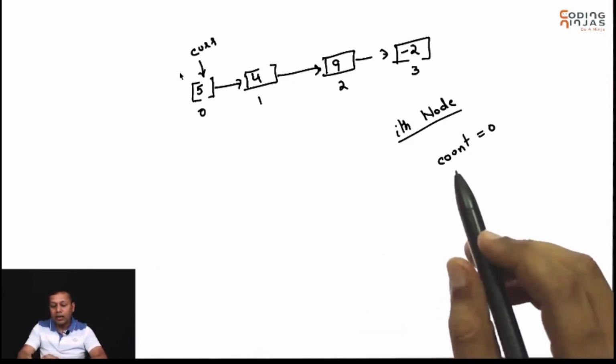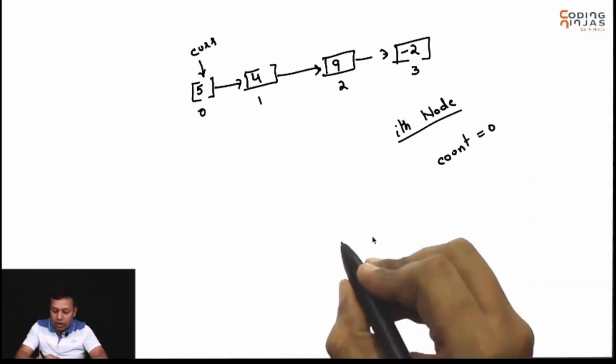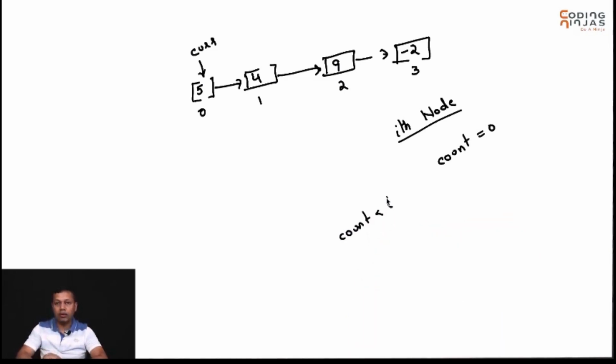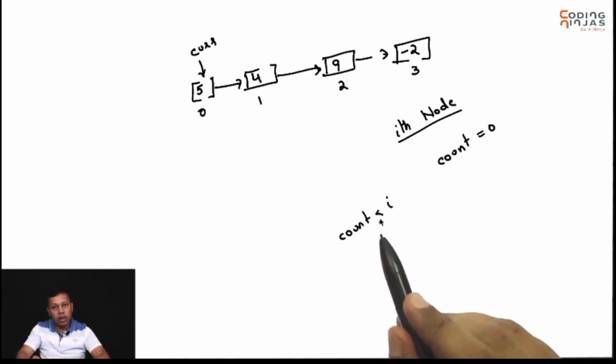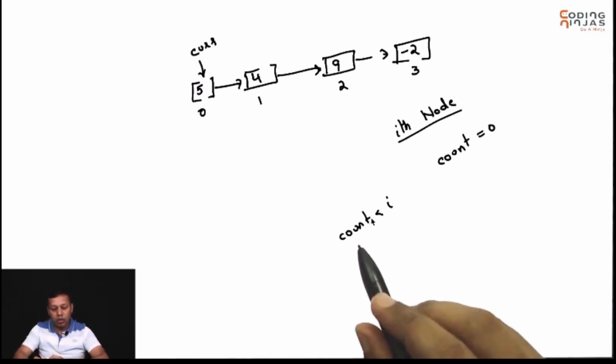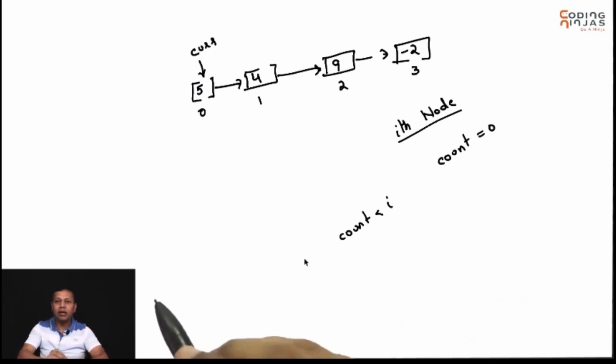And my count should be less than i, because if my count is equal to i, I am at the ith node and I can come out of the loop. So as long as the count is less than i and current is not null, I need to traverse.